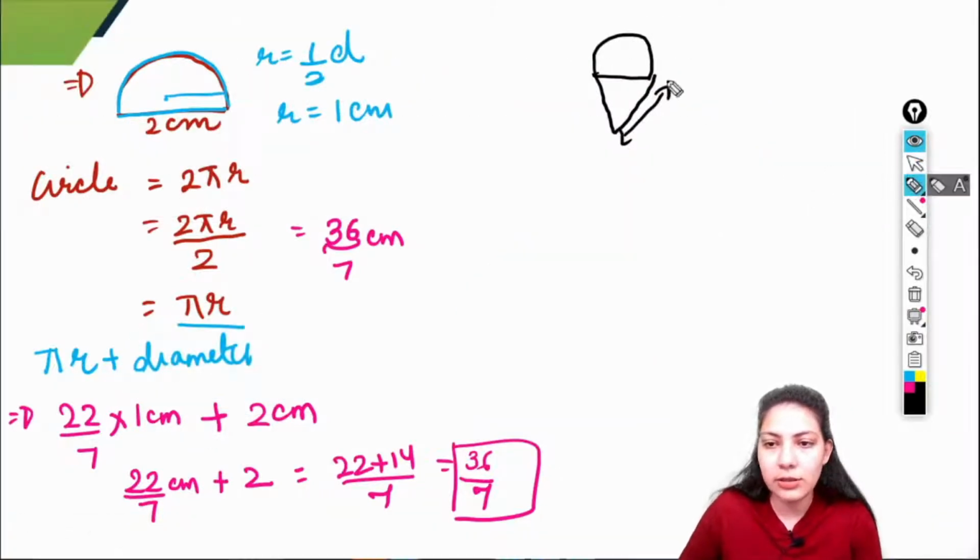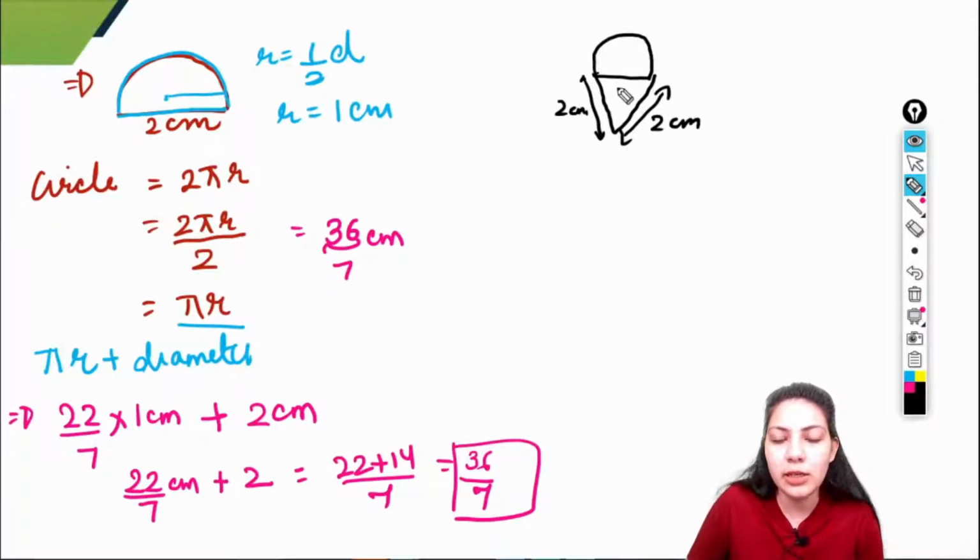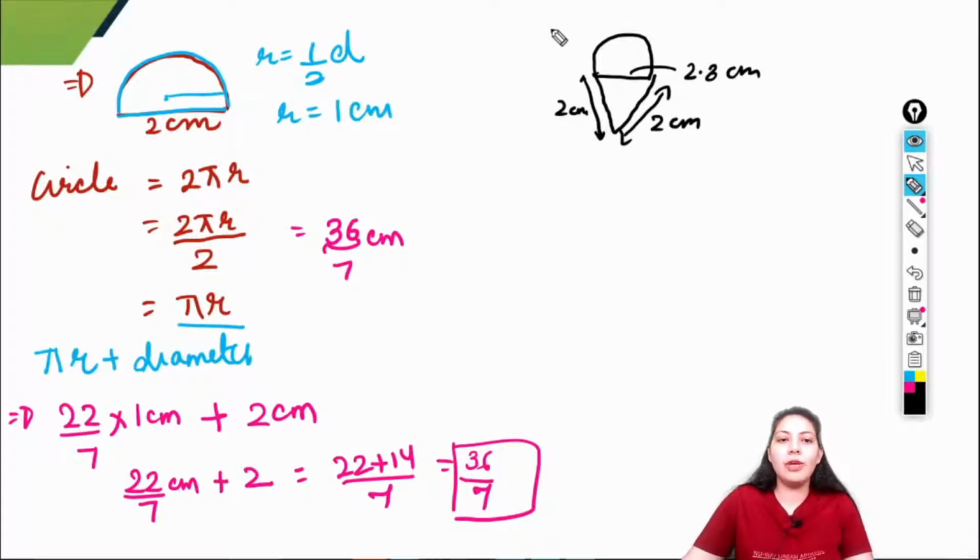Yes. So this was given as 2 centimeter. This will also be equal to 2 centimeter, and here the diameter is given as 2.8 centimeter. Now we have to find the second food boundary distance. So let us just find out.